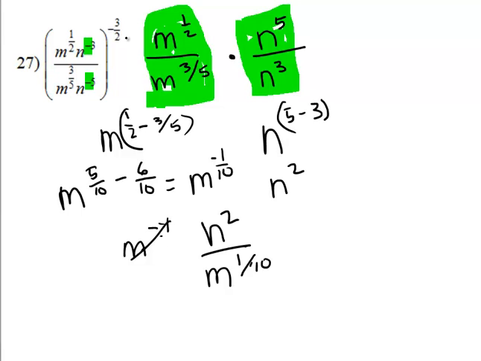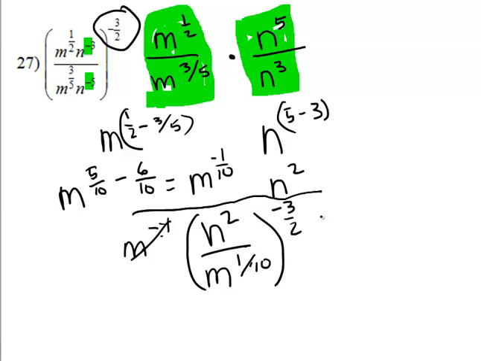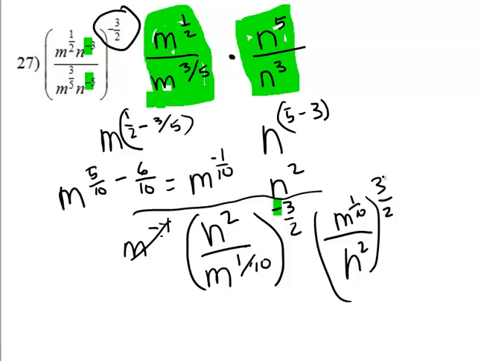Now, don't forget, in the very beginning, I had this to deal with. Now that we have the inside taken care of, we can take care of the outside. So negative 3/2. There is a negative exponent, so I have to make it a reciprocal, which just basically means flipping the numerator and the denominator. So now I have m to the 1/10 over n to the second, all raised to the 3/2.